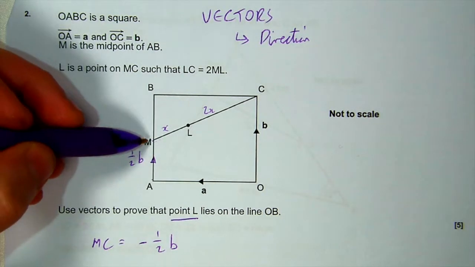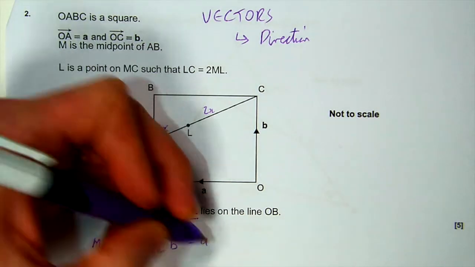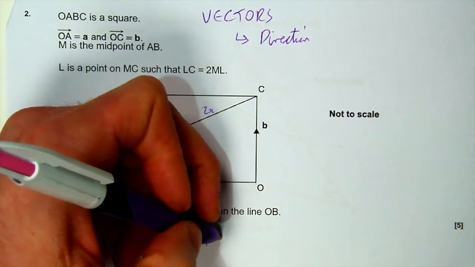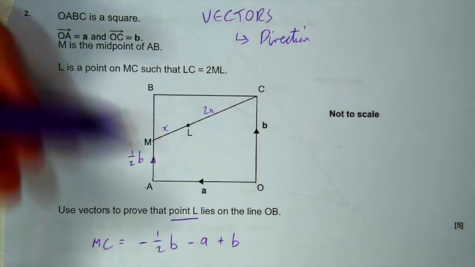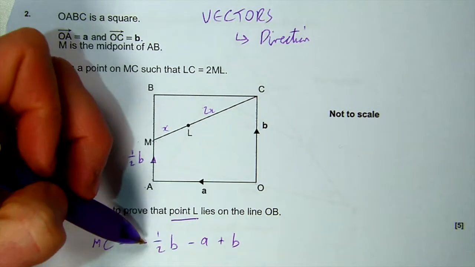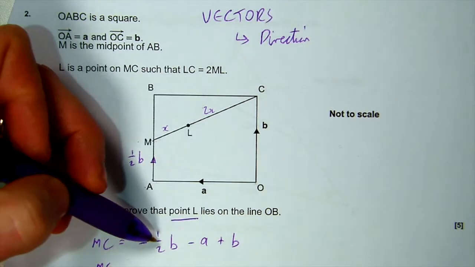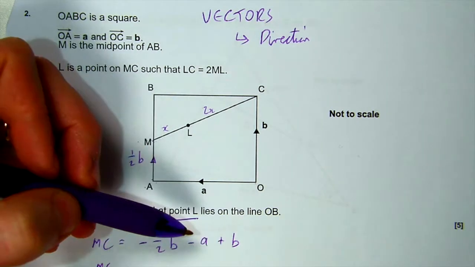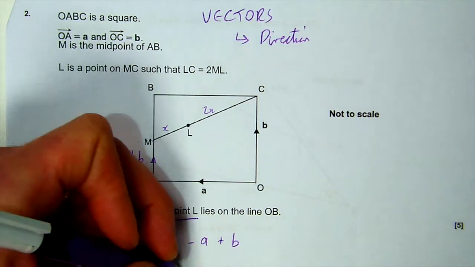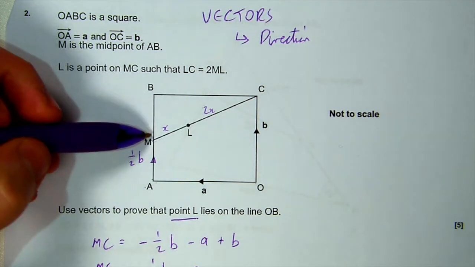That's going from M to A. Then A to O. That would be minus a, because it's in the opposite direction to the vector stated. And then O to C will be positive b. I'm now going to tidy this up. So MC equals, well, you've got minus half b plus b, so that's going to be positive half b, minus a. Okay, so that is the vector of M to C.